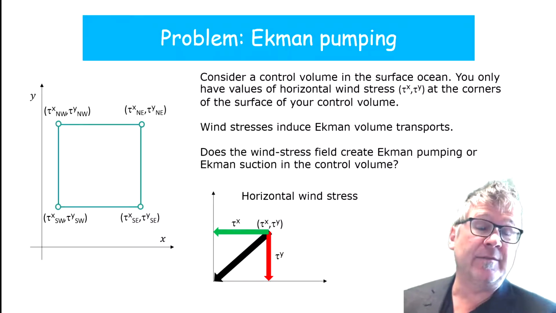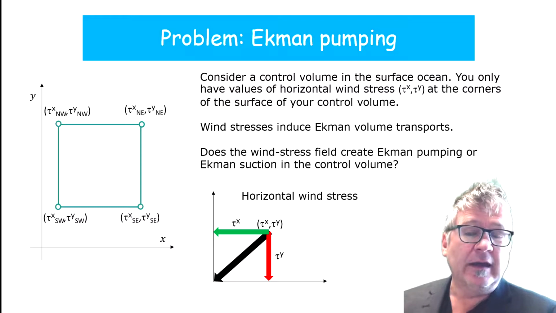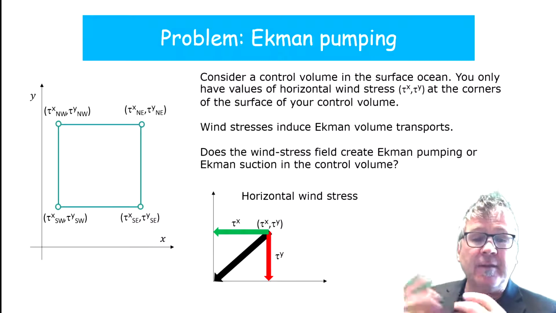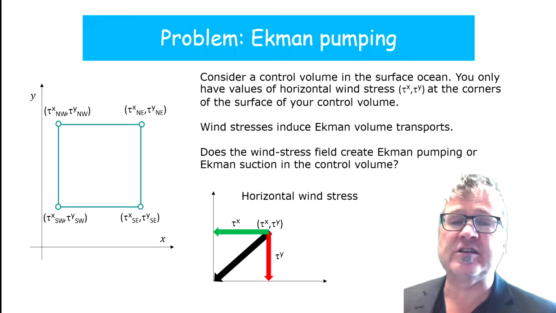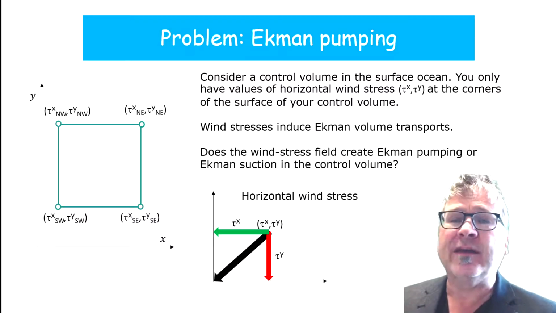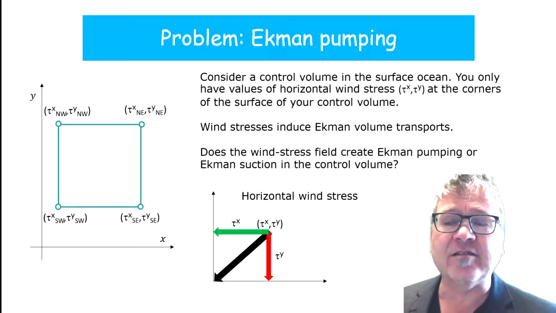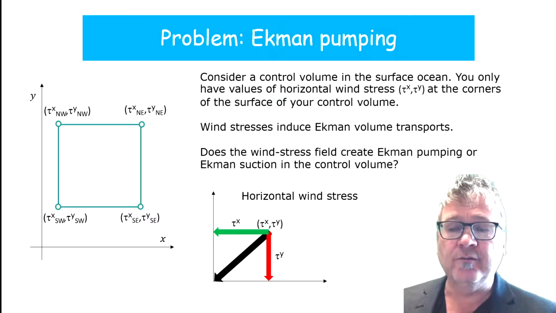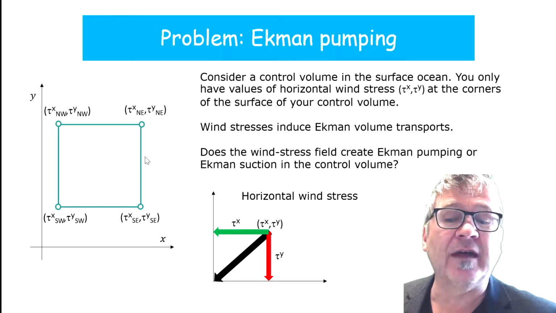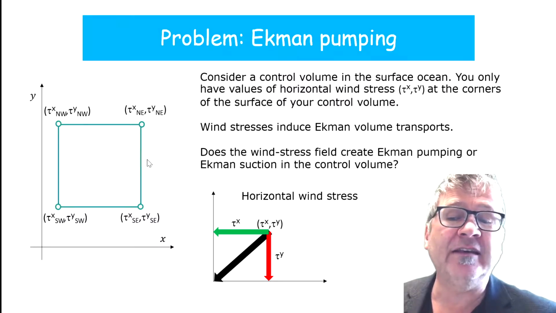You learned about Ekman suction before, and you know that wind stresses create Ekman transports, and the question now is whether these Ekman transports go across the faces of your control volume. For example, here, where the mouse is, if there's an Ekman flow from east to west, or from west to east, all these four faces matter now.